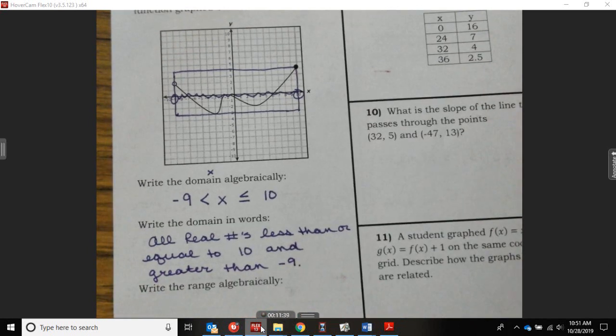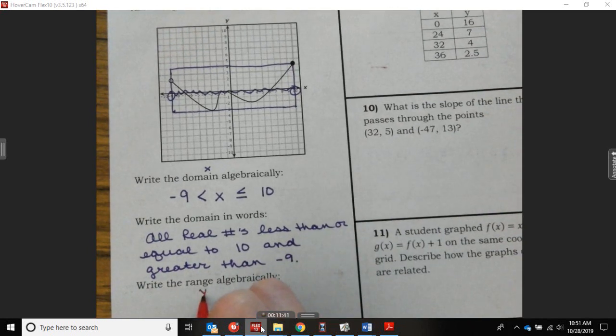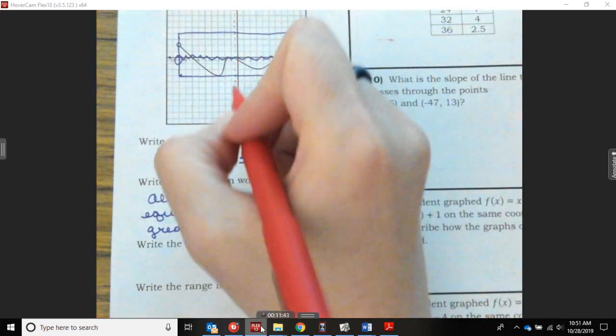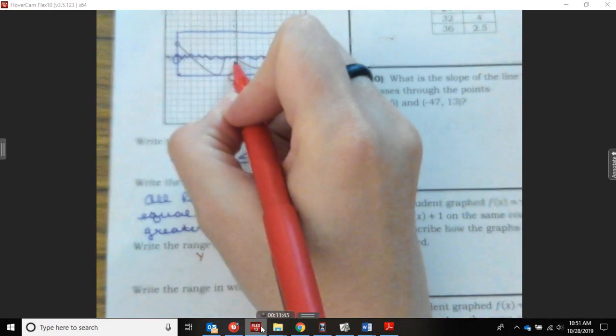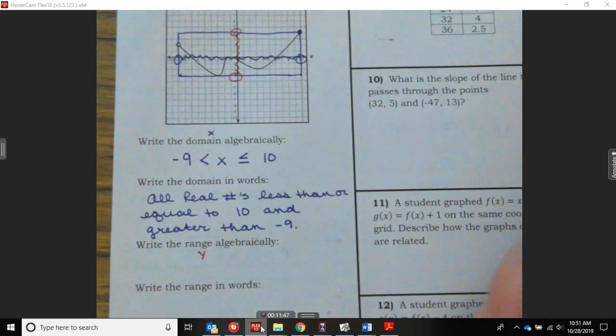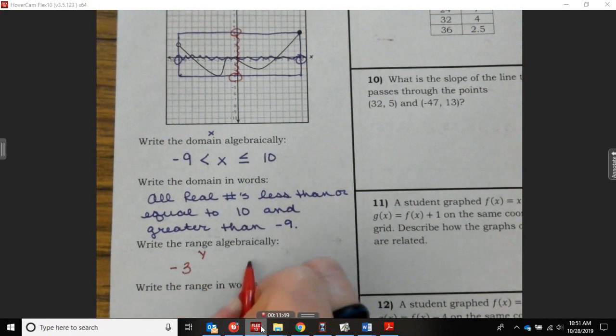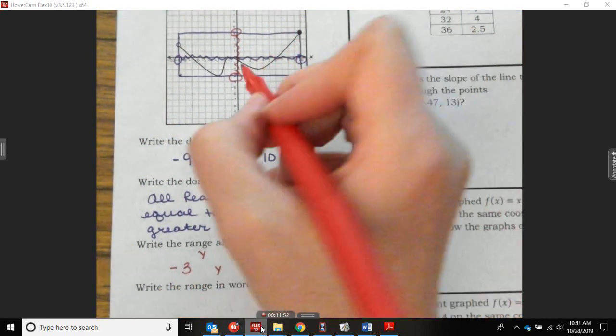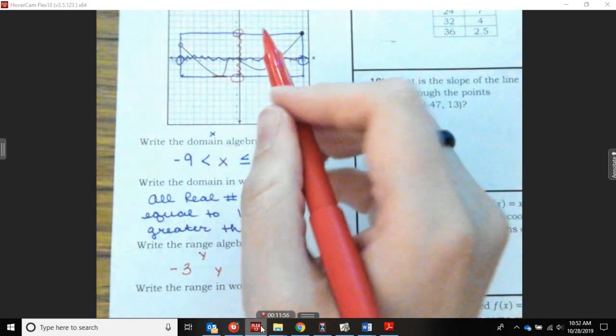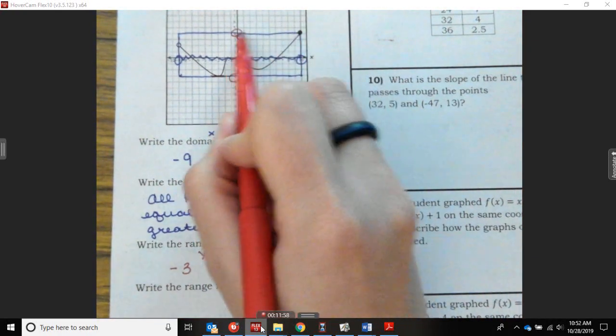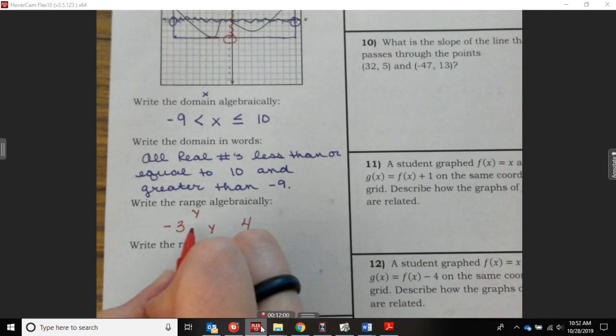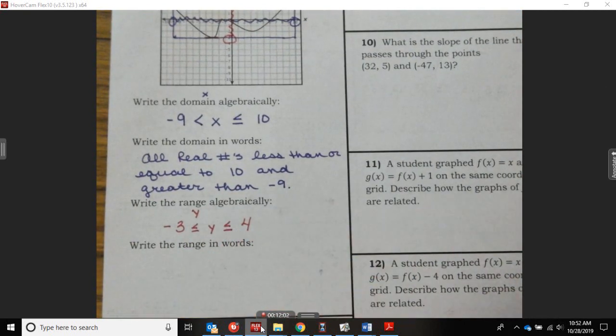Okay. My range is my y values. My y values go from -3 all the way up to 4. So -3 to 4. At -3 I have a line, which means a closed circle, and at +4 I have a closed circle, so same thing. So I put equal to on both of those.